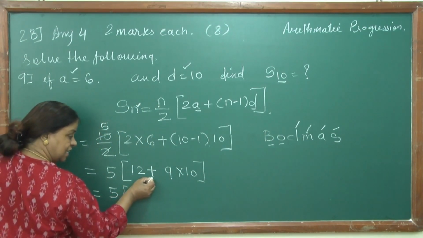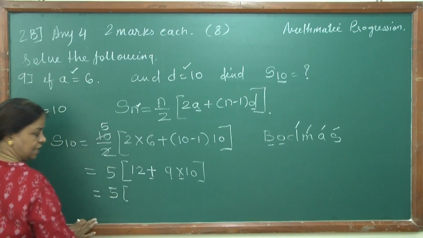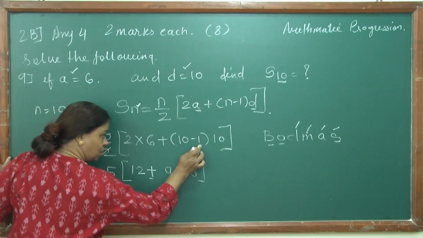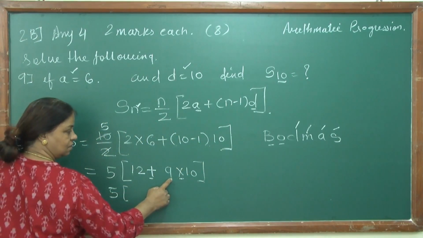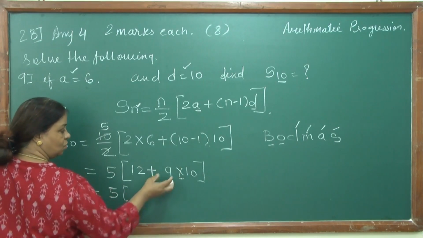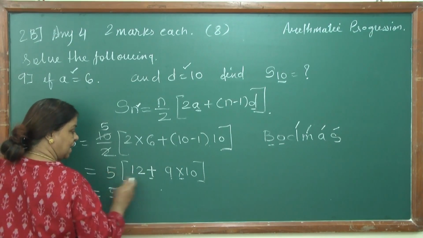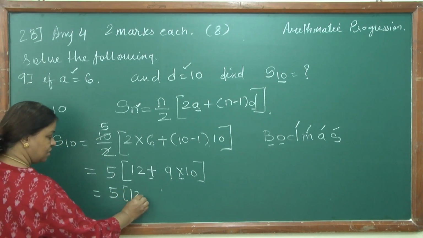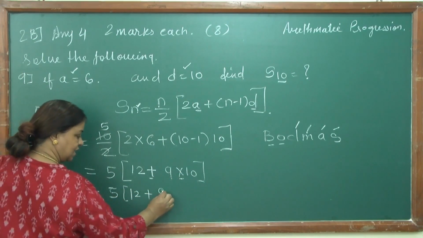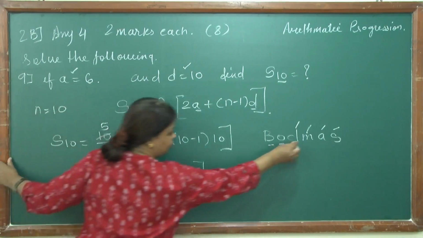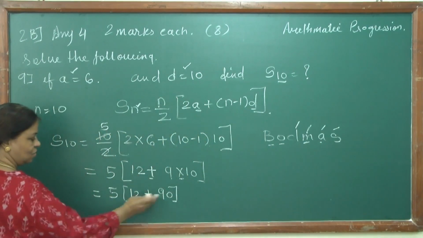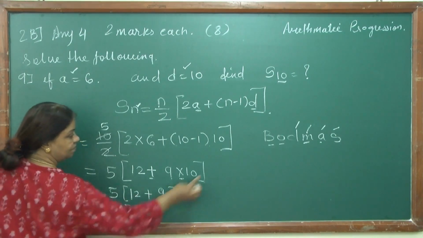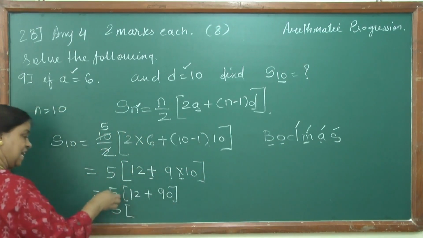So here addition is there, multiplication is there, and a bracket is also there. First I solved this bracket and I got 9. After this I again have a bracket, but inside it there is multiplication. 9 tens are 90. After multiplication, then addition, so add 12. First I am solving the bracket, and then I will multiply.